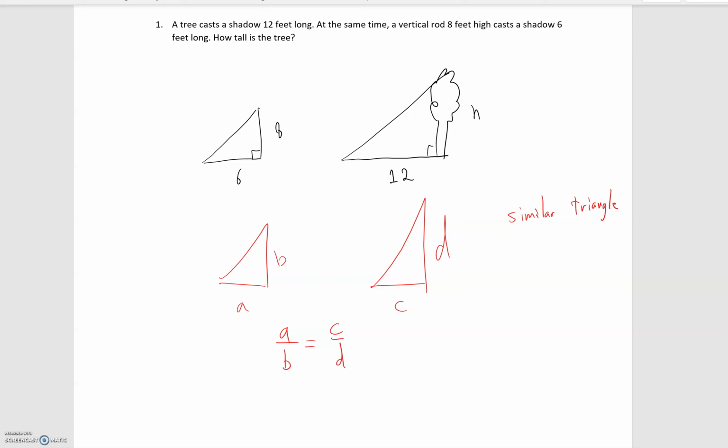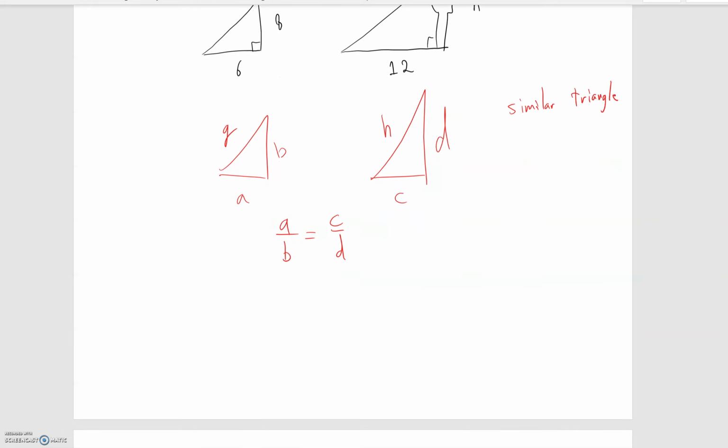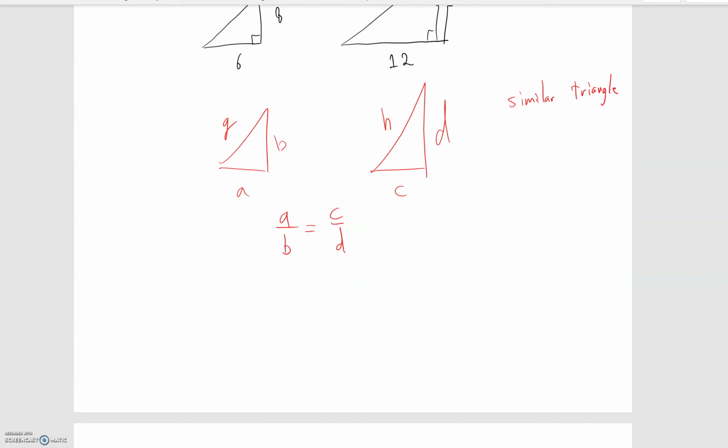For similar triangles, if you look at the ratio of corresponding sides of two similar triangles, so in this case the hypotenuses of these two triangles, that ratio is equal to the ratio of any other two corresponding sides of the two triangles. So I could say that g over h is equal to a over c, for example.